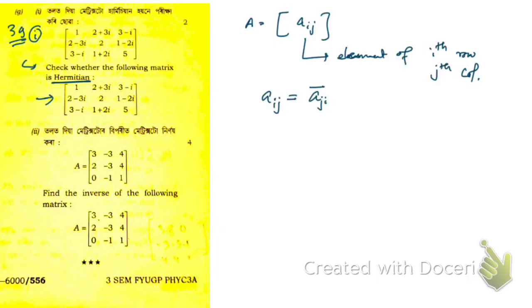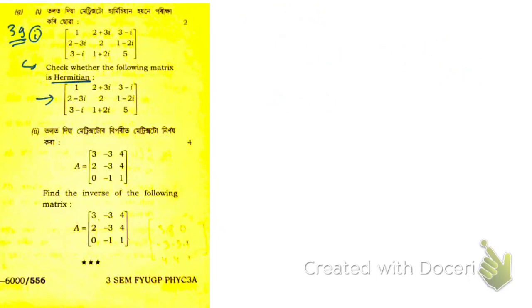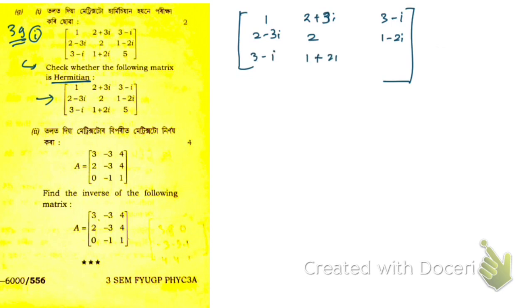Let me write the given matrix here: 1, 2 plus 3i, then 3 minus i, then 2 minus 3i, then 2, 1 minus 2i, then 3 minus i, then 1 plus 2i, then 5i. This is the given matrix.